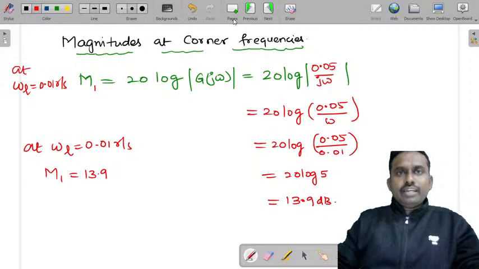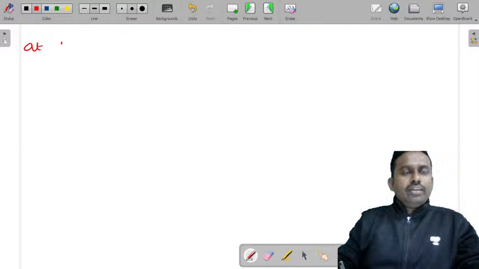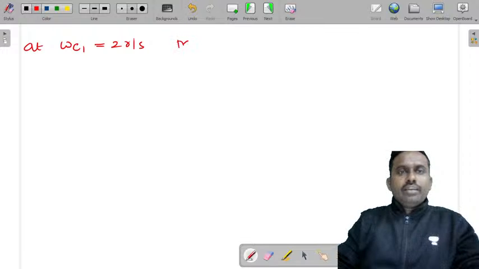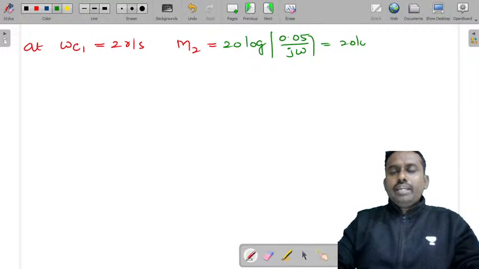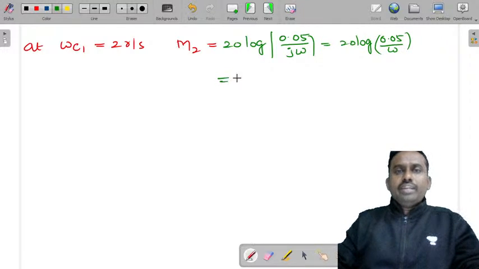Now let's calculate the next frequency. At omega C1, which is 2 radian per second, M2 is equal to 20 log mod of 0.05 by j omega, that is 20 log 0.05 by 2.